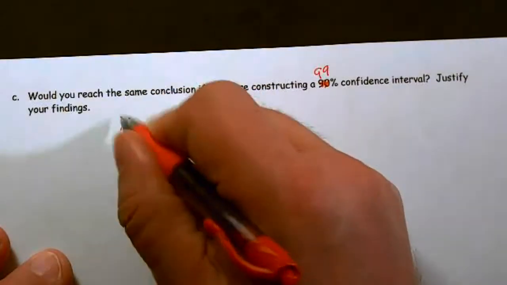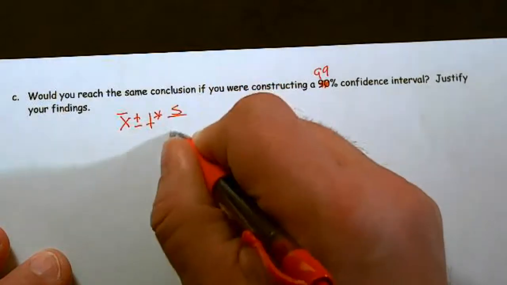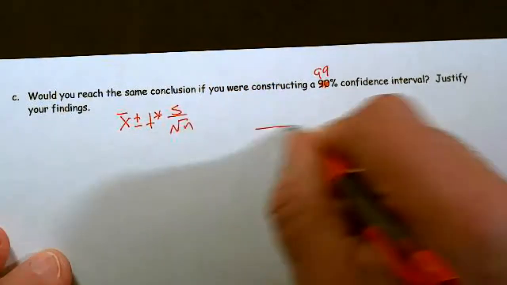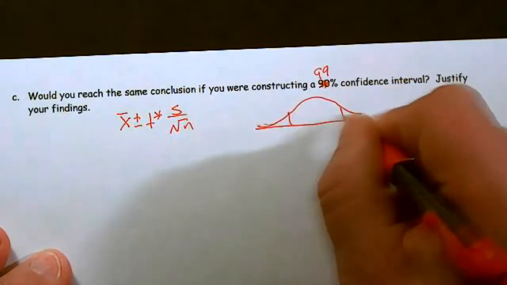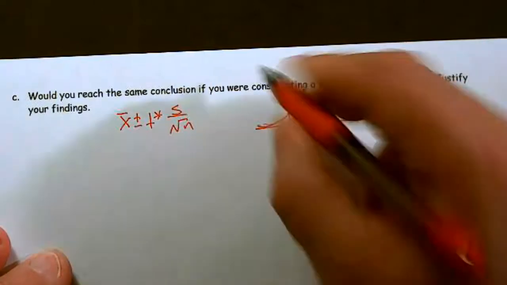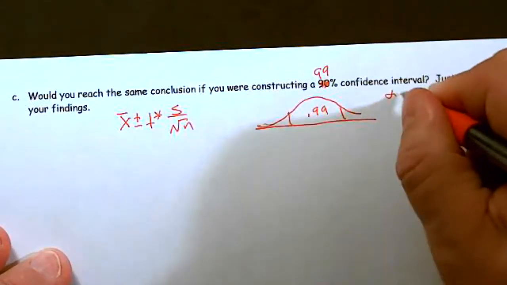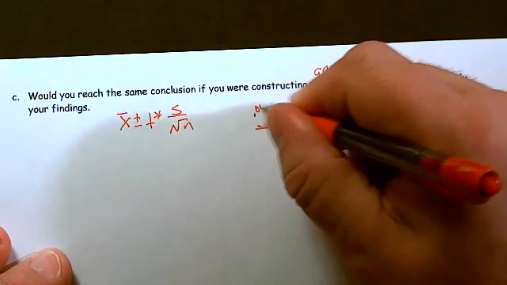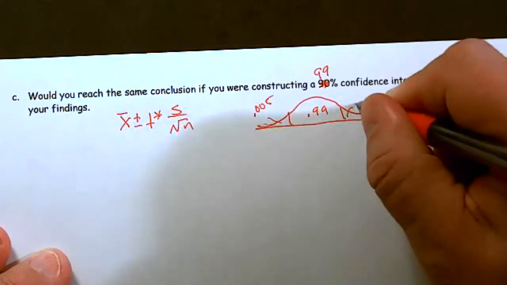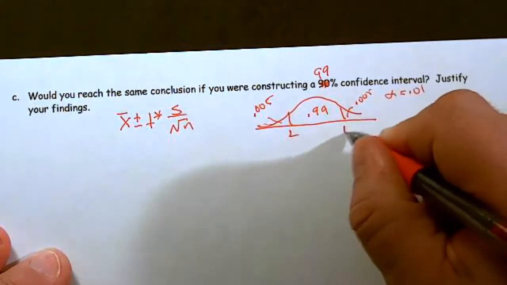So x bar plus or minus t star s divided by the root of n. Our graph is going to look like this. Instead of having 0.95 in the middle, we have 0.99. And this gives us an alpha of 0.01. And technically, the area in this tail is 0.005. The area in this tail is 0.005. We need a lower bound and an upper bound.